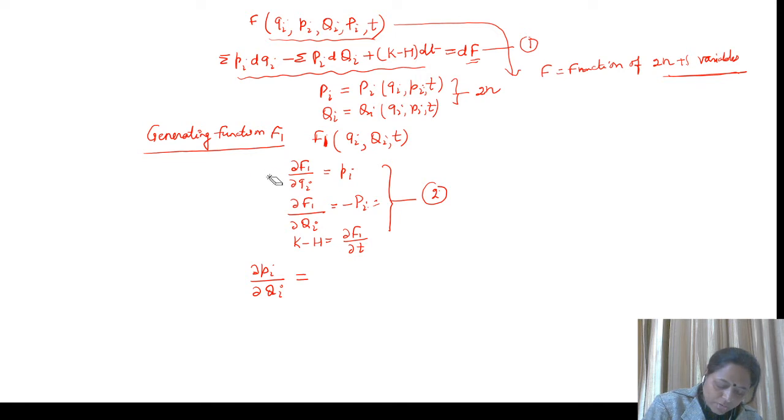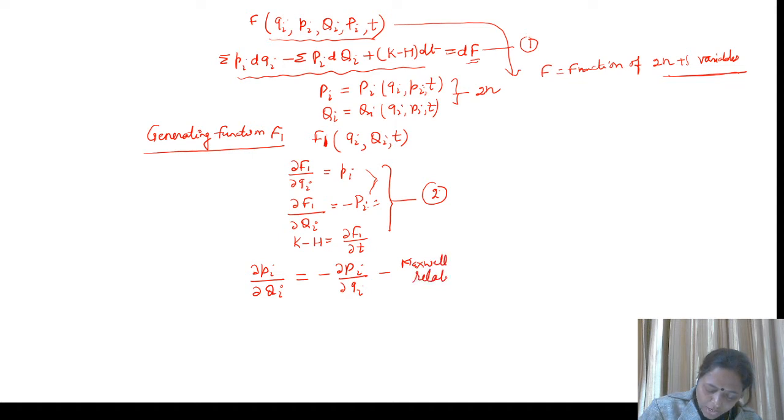This is not the negative symbol. So delta Pi by delta qi. From these two relations I will obtain this type of relation. This is known as the Maxwell relation.